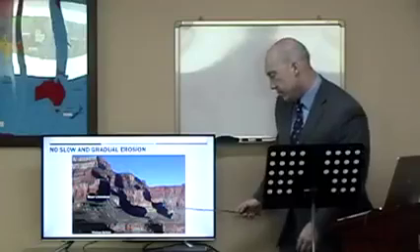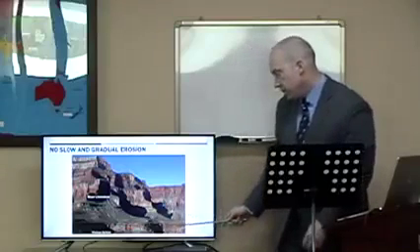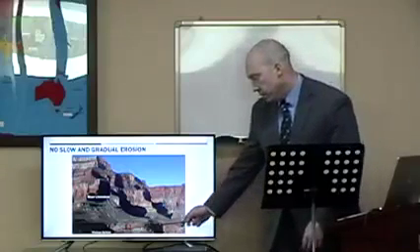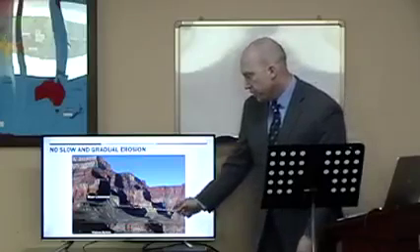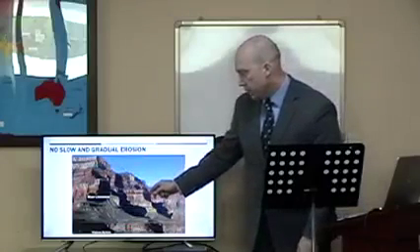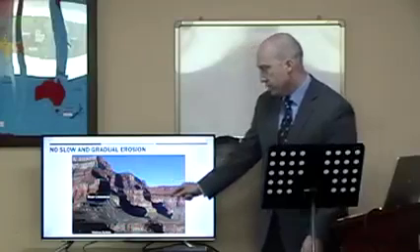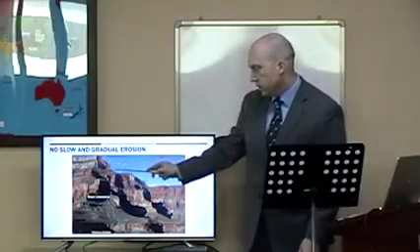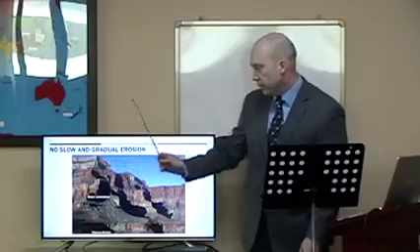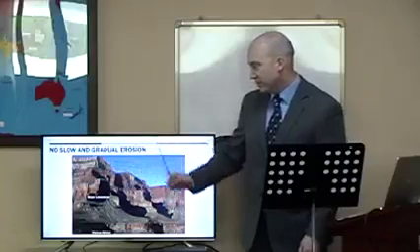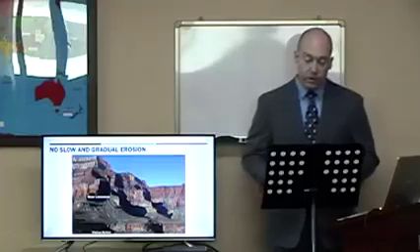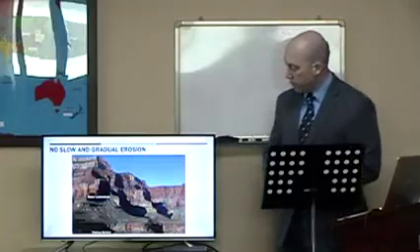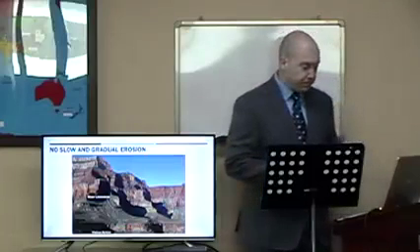So the Tapeats is down here, in between it and what's called the Great Unconformity. Then at the base of the Red Wall limestone, where it blends with the Muav limestone. Then at the base of the Hermit Shale, and the base of the Coconino sandstone that's just above the Hermit Shale. Those are the 4 boundaries we will look at today.